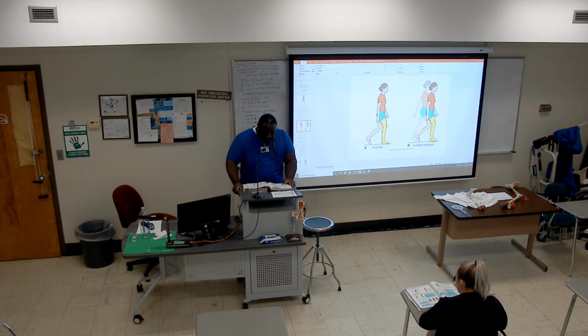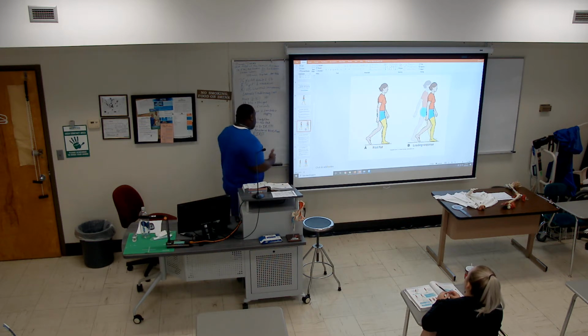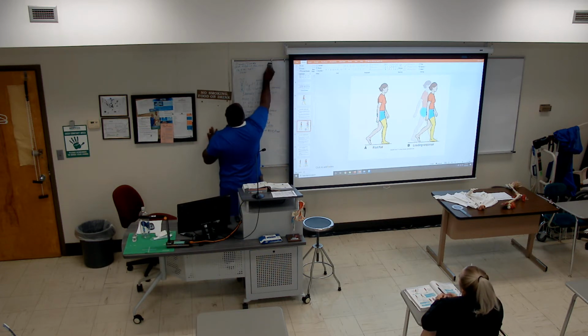Okay, so the ankle has a couple of different things that can go wrong with it. We can either talk about it from a stance phase, a swing phase, or a fixed deformity. Let me erase all of that.